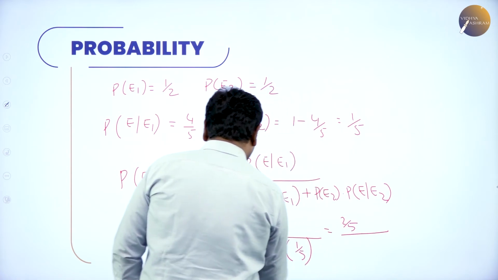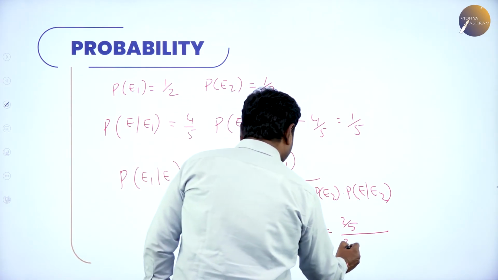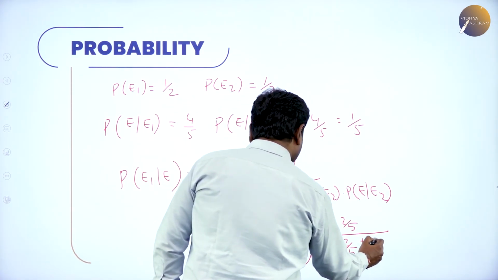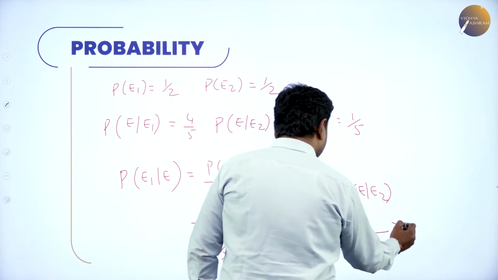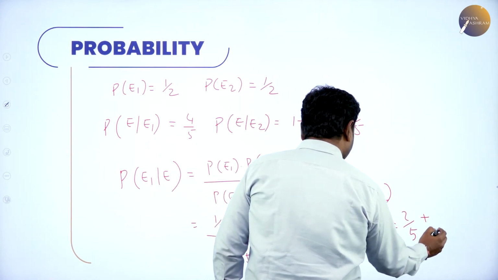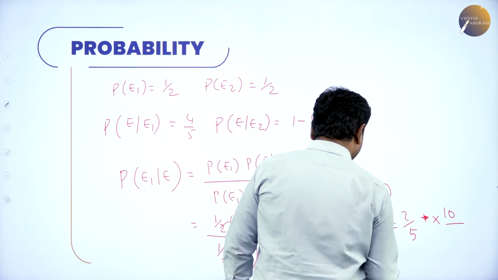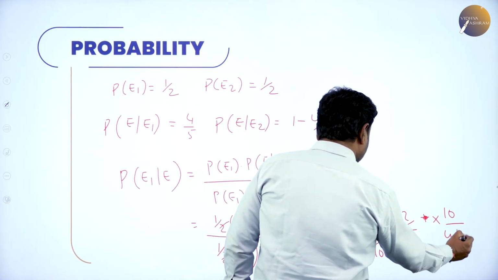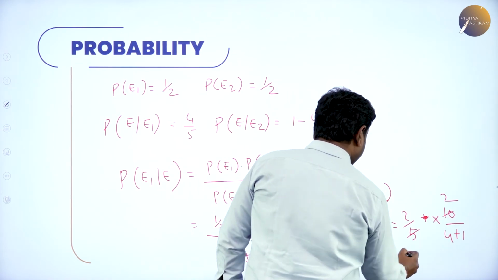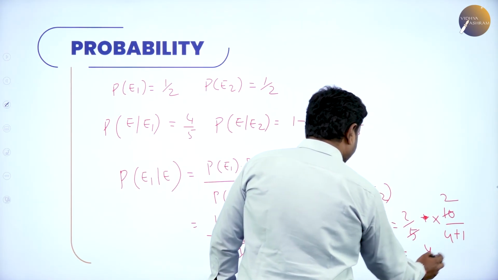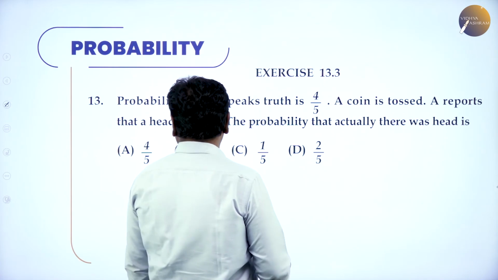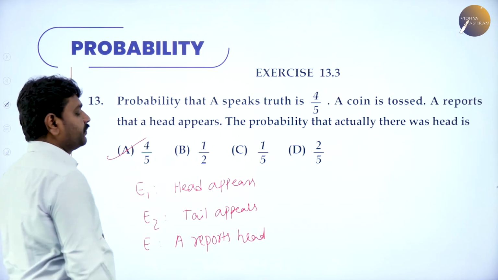Denominator first term also 2 by 5, further plus 1 by 10. Take LCM, which for 5 and 10 is 10, and this becomes 2 into 4 plus 1, that is 5. So 2 into 4 by 5 gives 4 by 5. So now 4 by 5 is the answer.